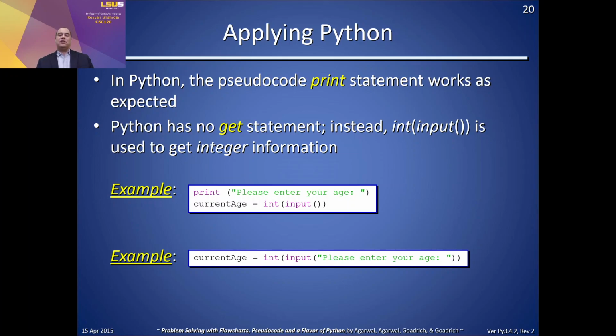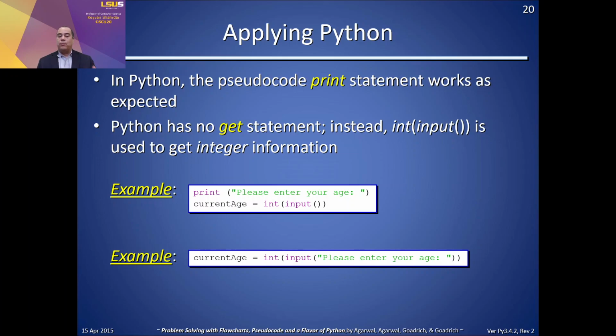So in Python, the pseudocode print statement works as expected. Python has no get statements. Instead, it's an int input. So remember, you have your input; that's what you're going to use in Python. We've gone over that in class already, and we've actually used it already, but now we're getting an actual explanation for it. You could do two of the following things to ask a question and get an input.